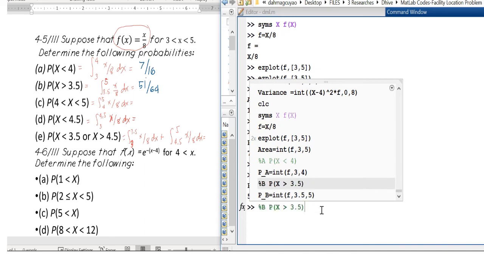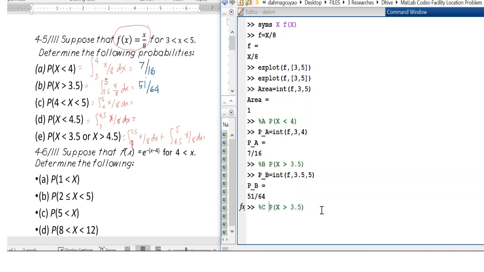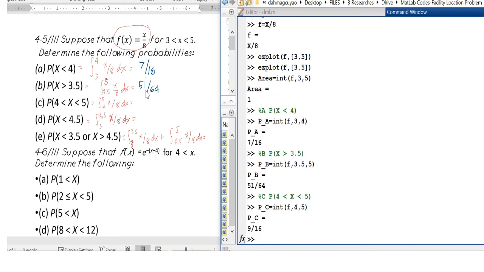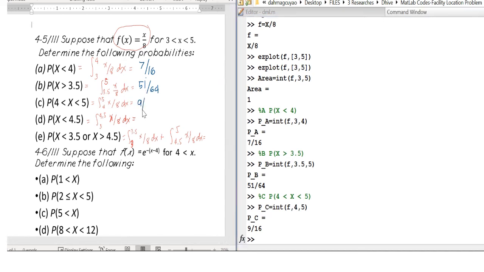For letter C, it is the probability that x is in between 4 and 5. So C is the integral of f from 4 to 5. So that is 9 over 16.